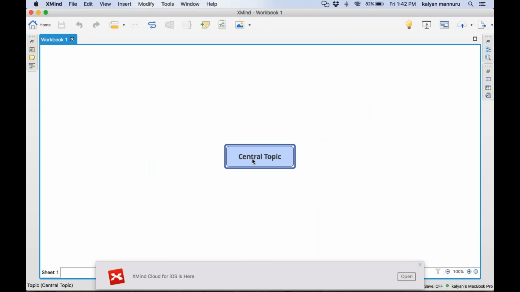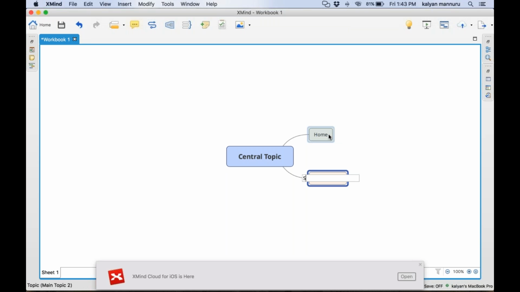So it starts with your central topic. Let's say you have 4 or 5 pages in mind. If you go to a website, what are the basic pages that you see? I press enter, I get a node. I press enter, I get a node. What are the basic 5 pages that we usually see on a website?